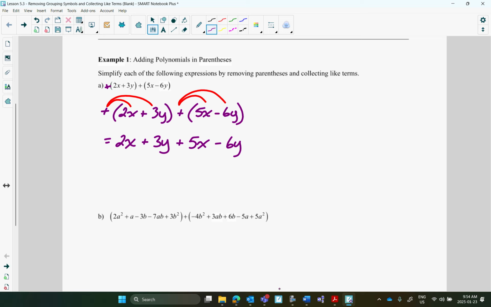Notice that when we took out the parentheses, it actually looks the exact same as when the parentheses were in there. No signs changed. That's the nice thing about addition: you can just take the parentheses out and no signs change. And now we can collect like terms. What would this look like when I combine like terms? 7x minus 3y. Good.